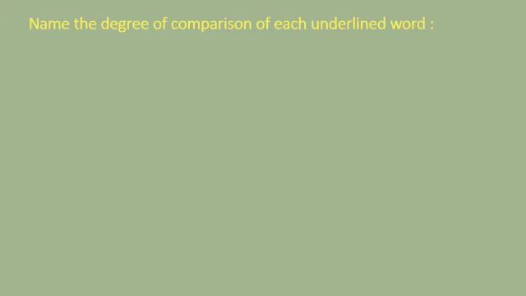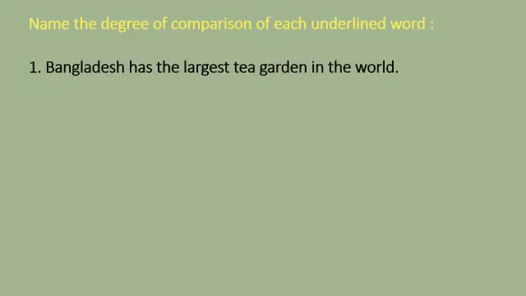Name the degree of comparison of each underlined word. Bangladesh has the largest tea garden in the world. Underlined word: largest.